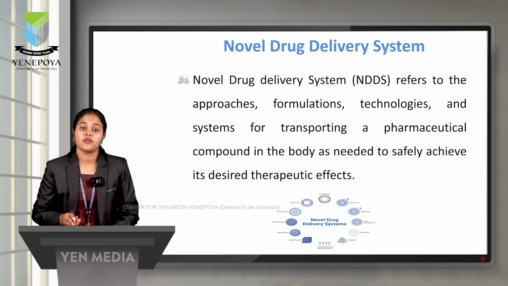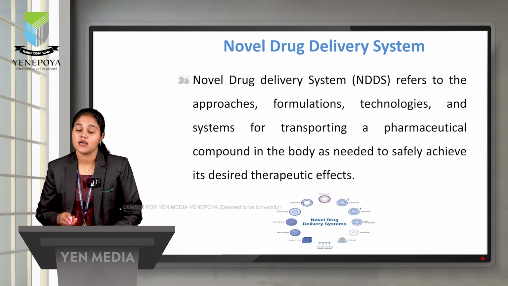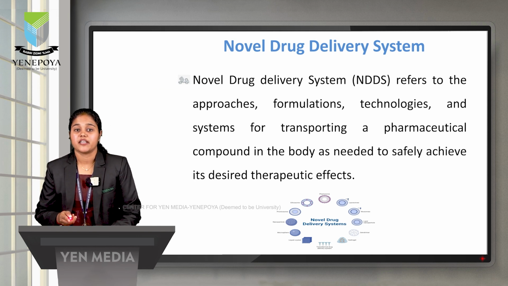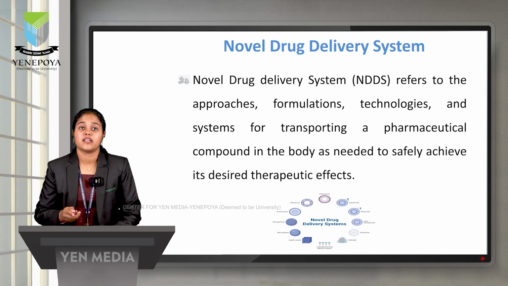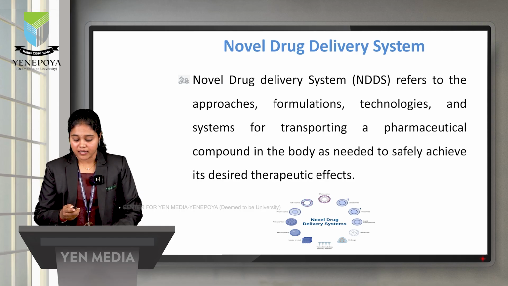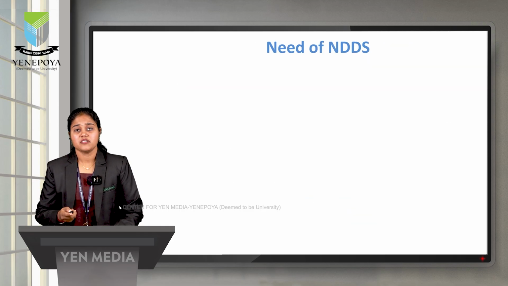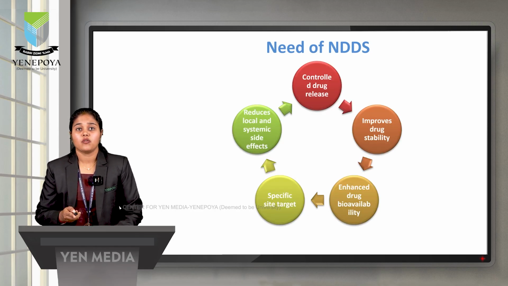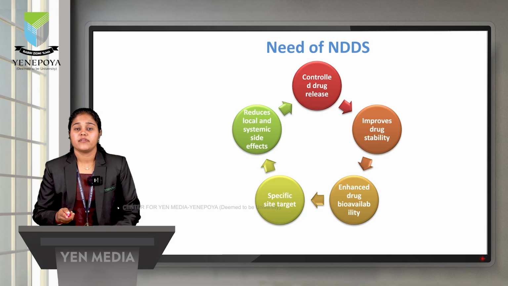Examples of a novel drug delivery system are mainly liposomes, nanoparticles, solid lipid nanoparticles. These are all examples which come under novel drug delivery system. So what is the need for a novel drug delivery system? We can go for controlled release, improving drug stability, enhanced drug bioavailability, specific site targeting.